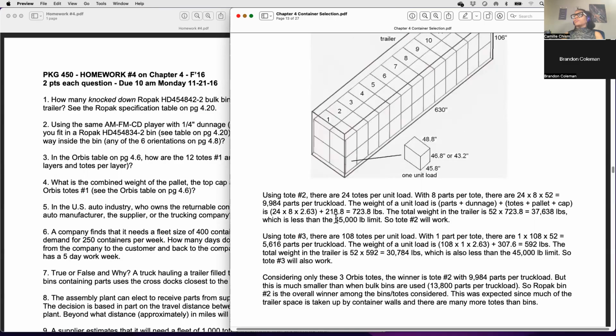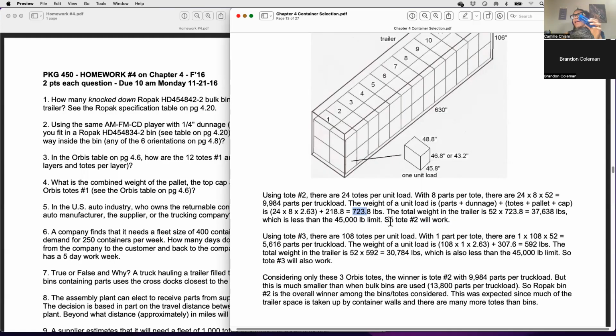And then you add the 218.8, which is the weight of all those totes, plus the pallet, plus the top cap that you use for that. And you come up to 723 pounds for each unit load, each pallet load of totes and parts and dunnage on that pallet.